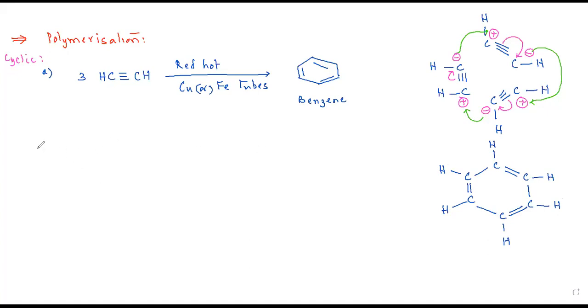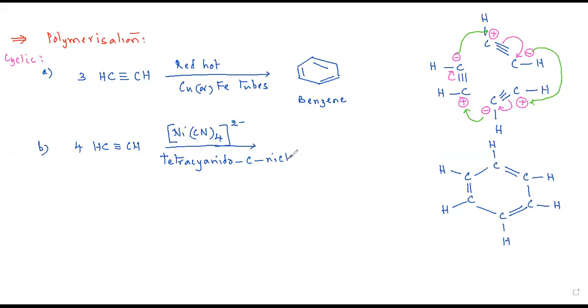Now, if the same thing is carried out with 4 molecules, in the presence of a coordination compound, of course, this is called tetracyanidoC nickelate(II) ion.